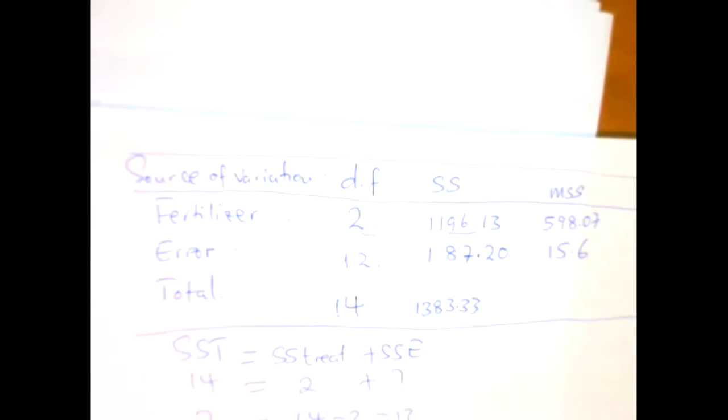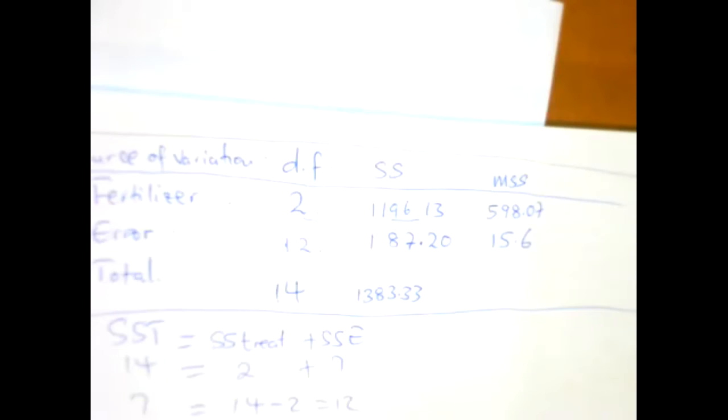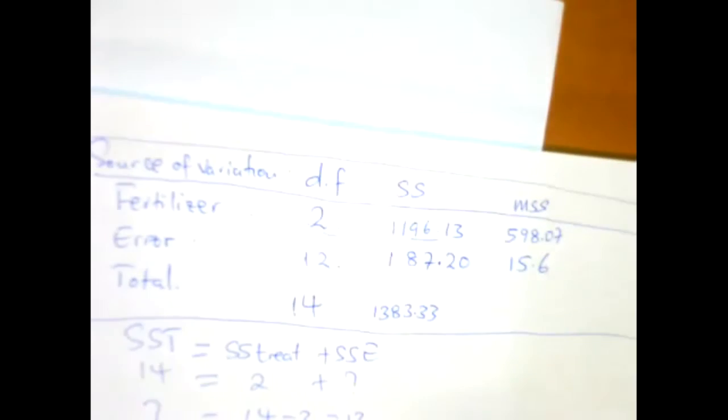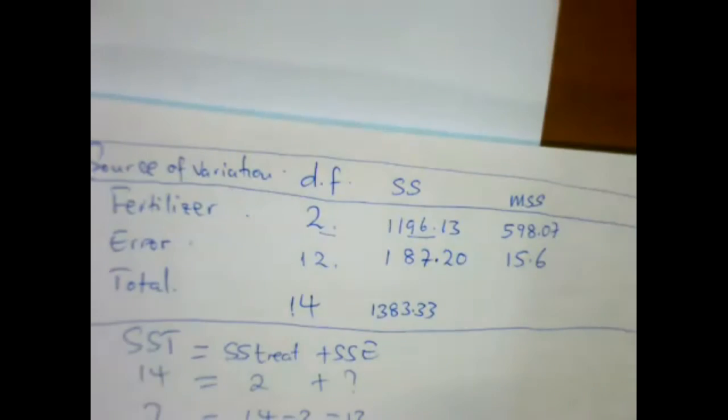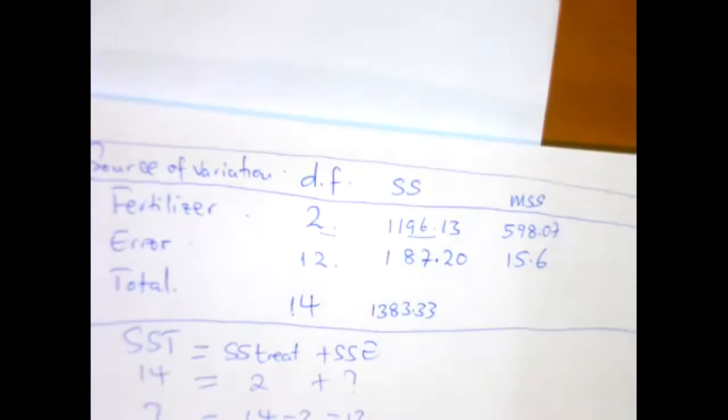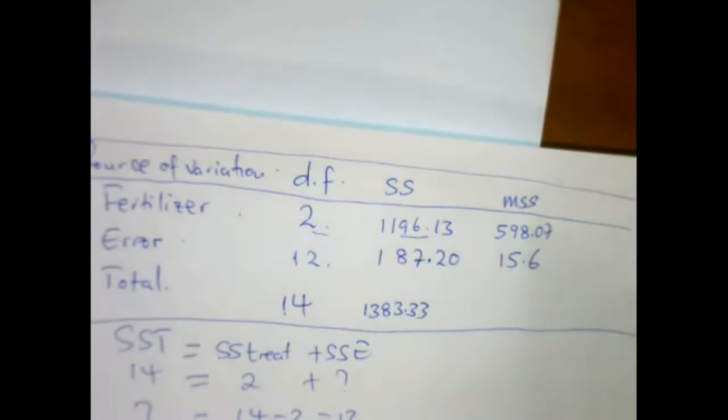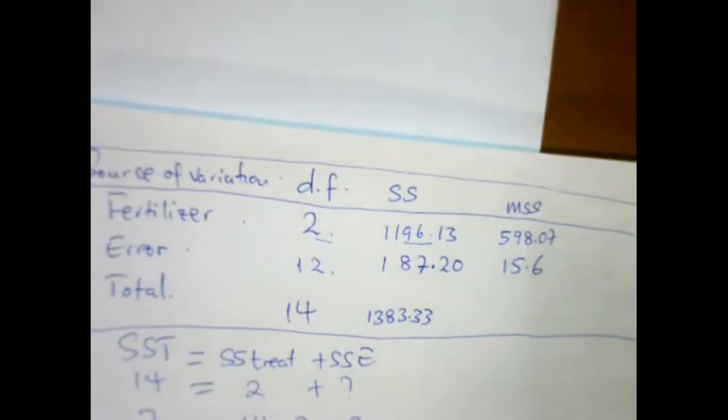Okay, so I think somehow it's showing. So the last thing, we have source of variation, degrees of freedom, sum of squares.